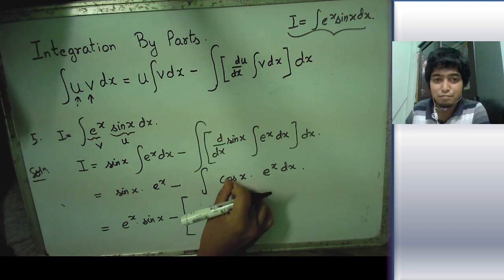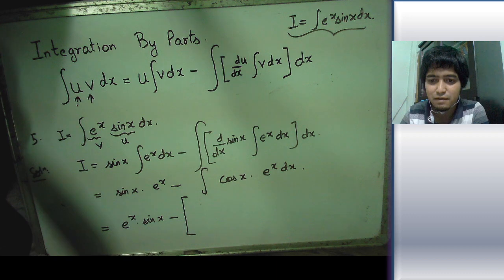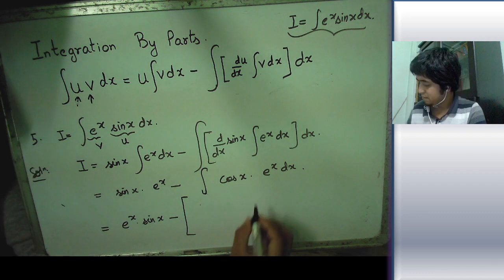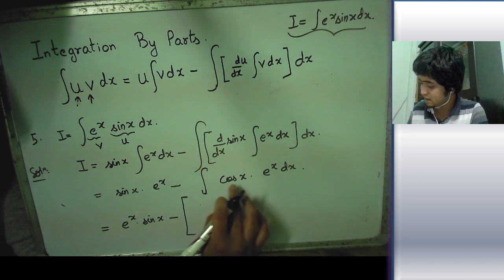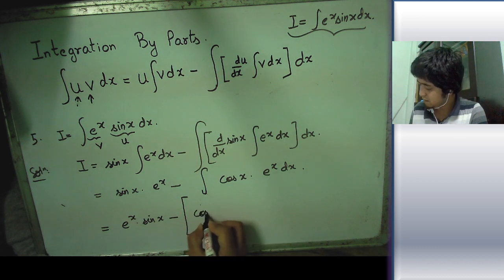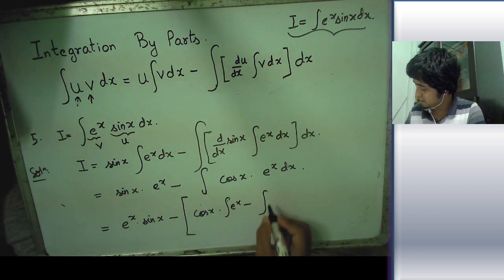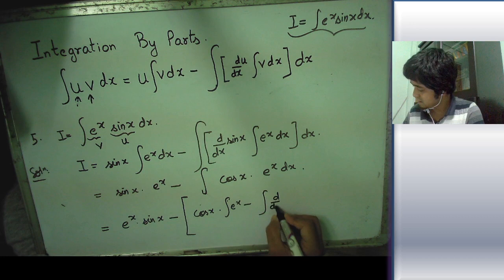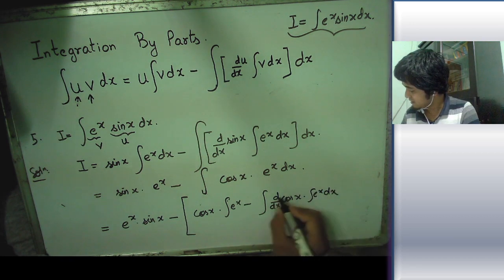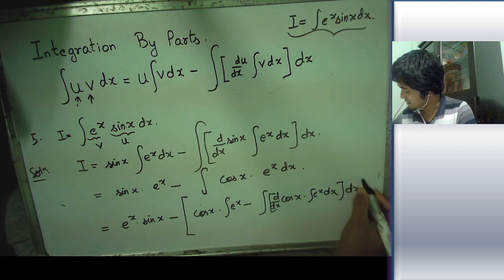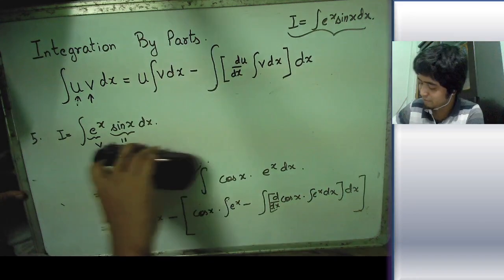So which one will we choose as u and which one as v? If you notice, we will choose cos x as u and e^x as v. Then d/dx of cos x, integration of e^x dx, and again dx. I'm writing it very quickly, I'm almost out of battery.